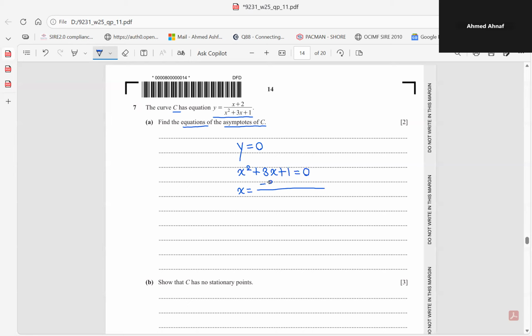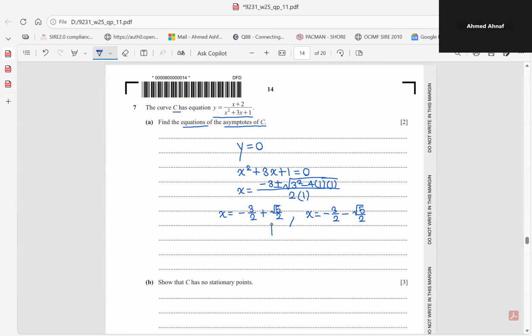So minus b, which is minus 3, plus or minus the square root of b squared, which is 3 squared, minus 4 times a, which is 1, times c, which is also 1, over 2 times a, which is 1. Then you get x equals negative 3 over 2 plus square root 5 over 2, and x equals negative 3 over 2 minus square root 5 over 2.